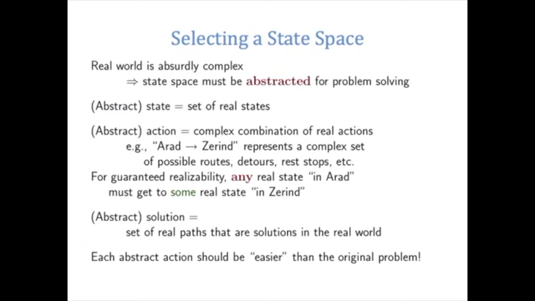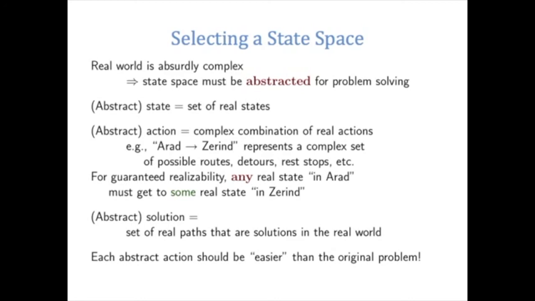One of the main problems in artificial intelligence is representation. And here our representation problem is how to define the state space. Now, the real world is really, really complex. If we imagine the country of Romania and the roads, it's not so neat. The cities have streets with intersections, and maybe it costs a lot of time to get on the road to one city as opposed to another.